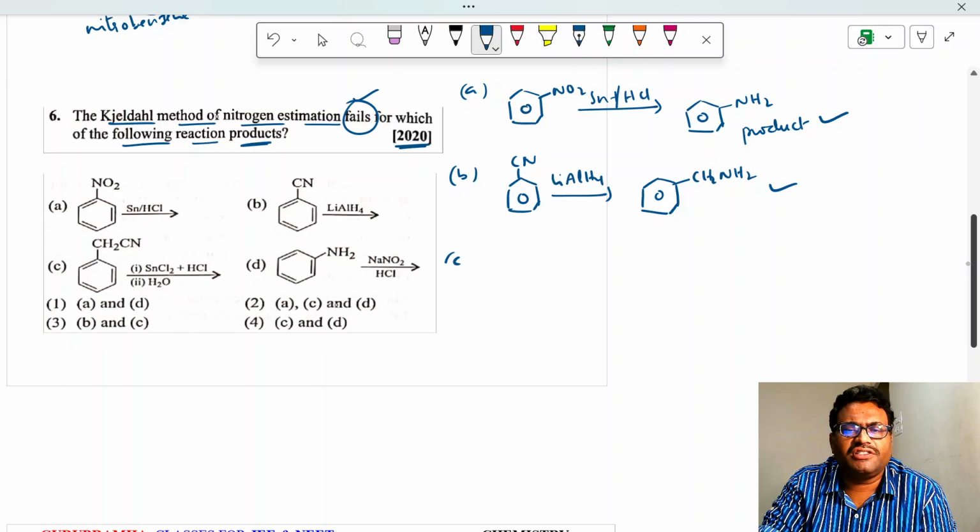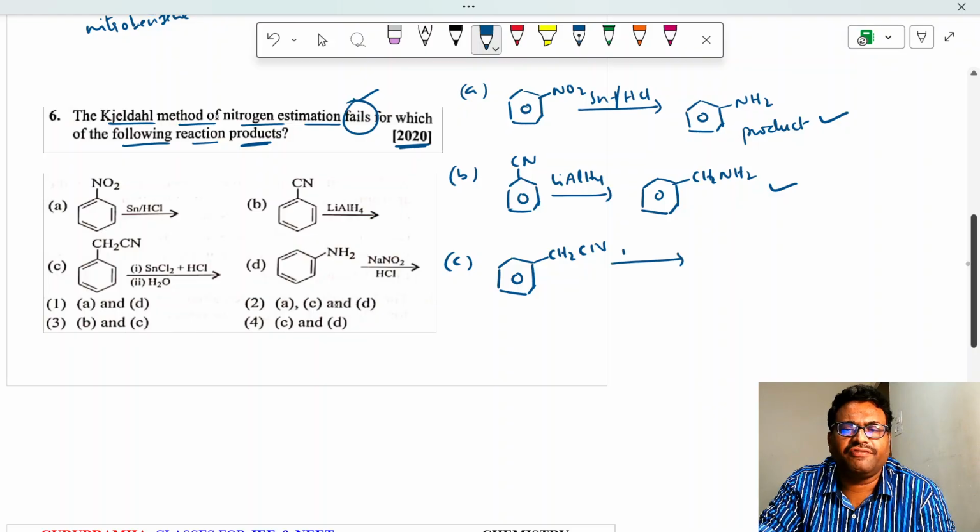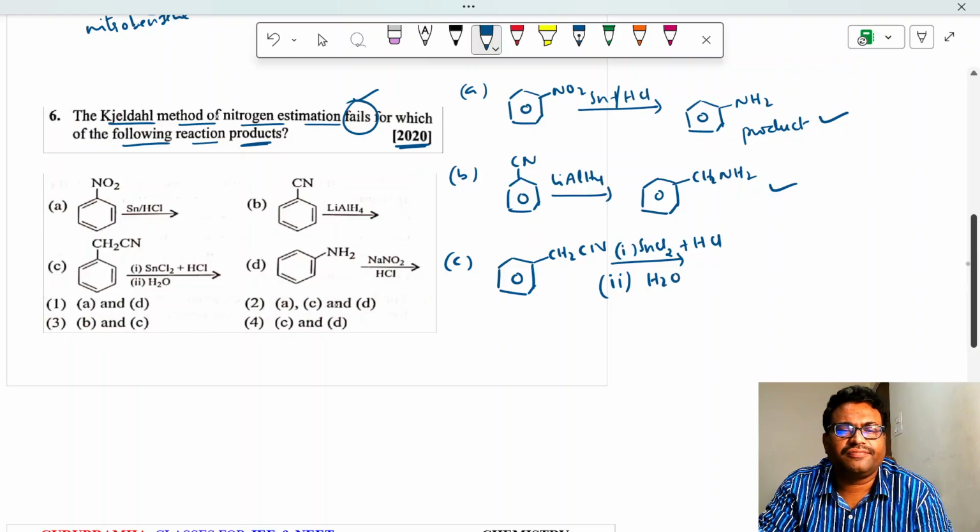The third one: CH2CN, when it is reacting in the first step with SnCl2 plus HCl, and in the second step hydrolyzed with water, then this compound is converted into CH2CHO, and nitrogen is released as ammonia.